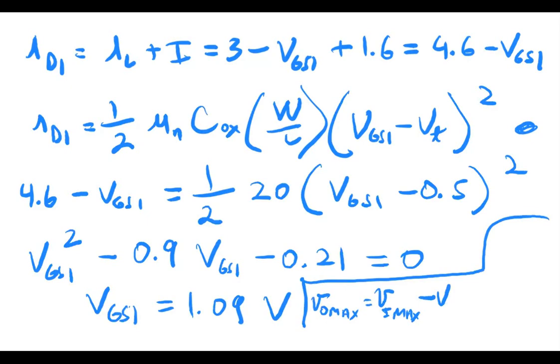That is the degradation being introduced by the load current at transistor Q1. That is the 3 volts that we had calculated minus the 1.09 that we just calculated.